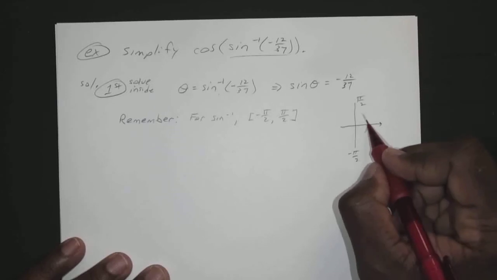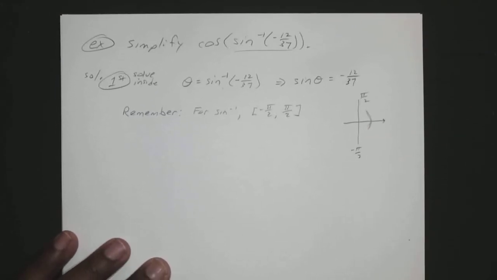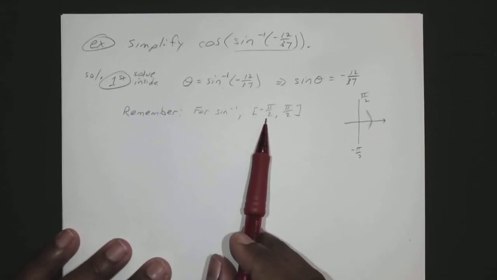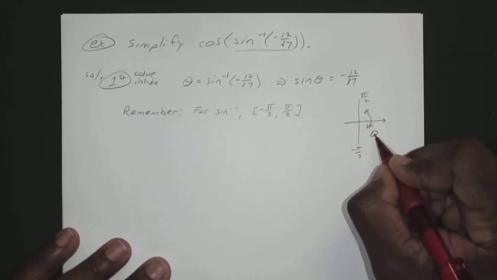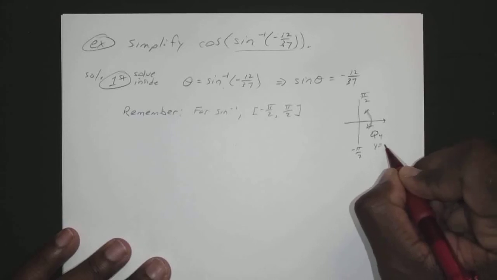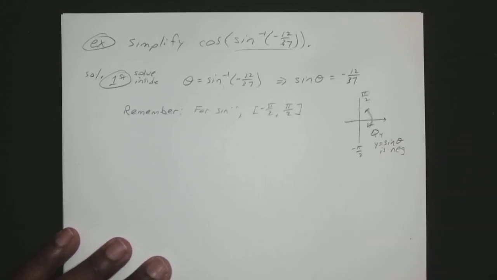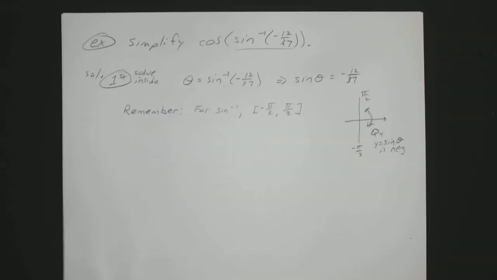It has to be in one of these two quadrants. So the only way y is negative is in quadrant 4. So in quadrant 4, y equals sine of theta is negative. So that negative 12 over 37, you know it's in quadrant 4.